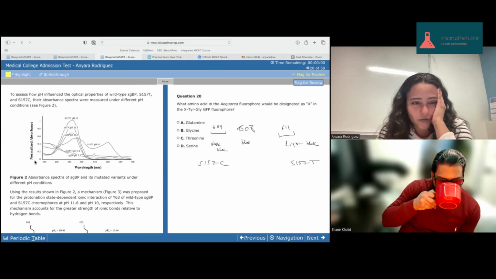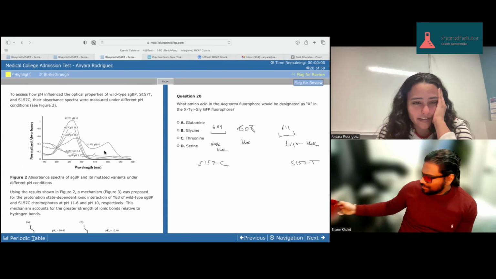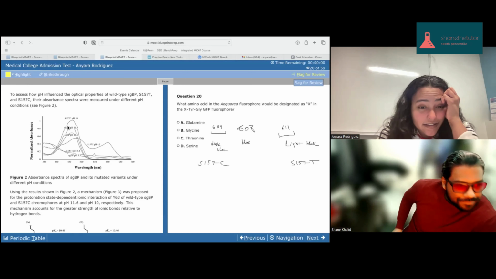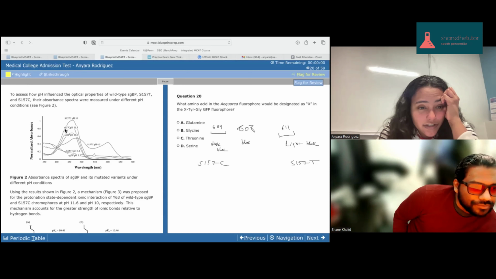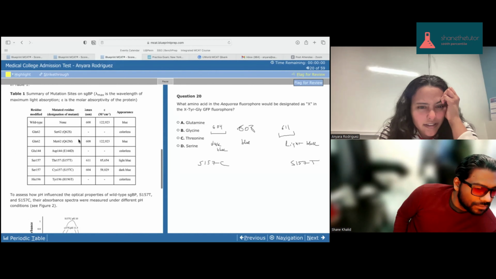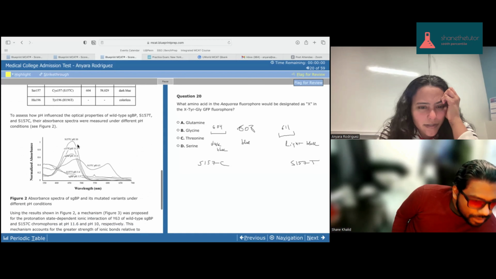Okay, normalized absorbance and wavelength. And these are the different mutations. And this is the wild type SGBP, I think.